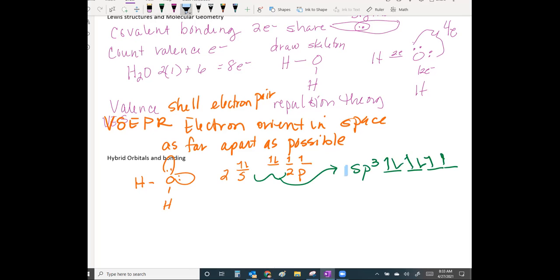These are your lone pairs, and these electrons are bonded to the hydrogens.